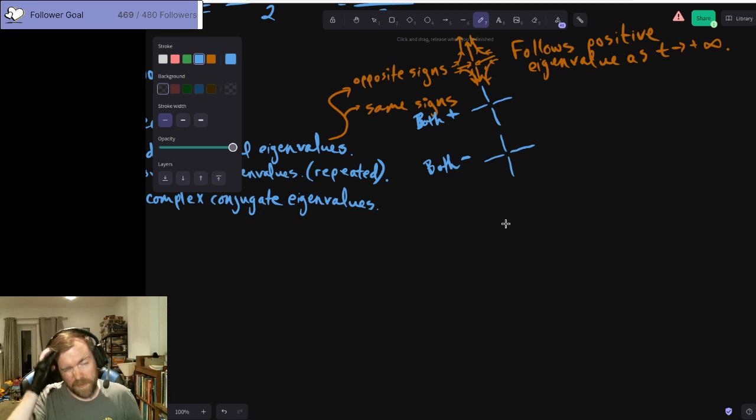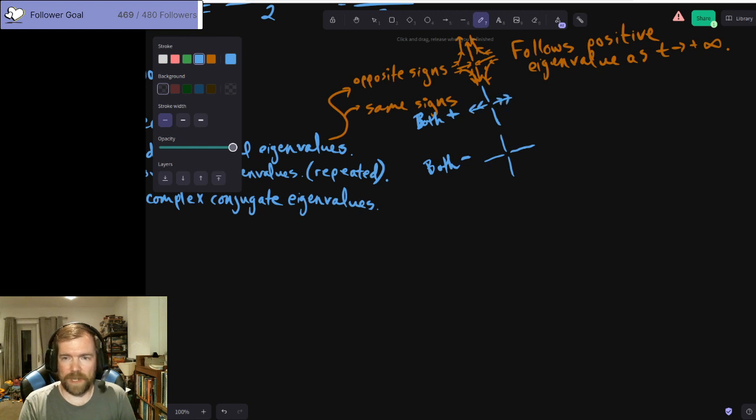Okay, so the other possibilities that we had were if both of our eigenvalues have the same sign. If they're both positive, where's the flow going, very generally? Out to infinity, right, and this is no matter where you are.